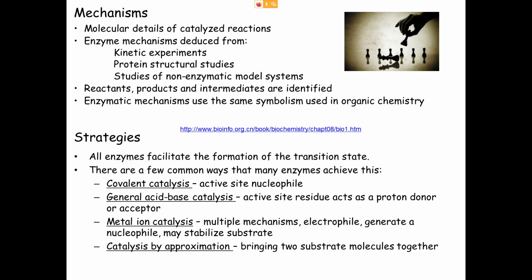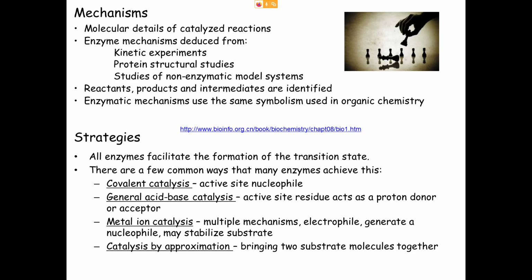An example of this would be our carbonic anhydrase that we talked about quite a few times now. We have CO2 and water. Those will react with each other if you just have them floating around in the air or in solution. But they have to interact in a certain orientation, right? You have to have the water molecule's oxygen attack the carbonyl carbon in the middle of the CO2. It has to arrange itself to bump into it a certain way.